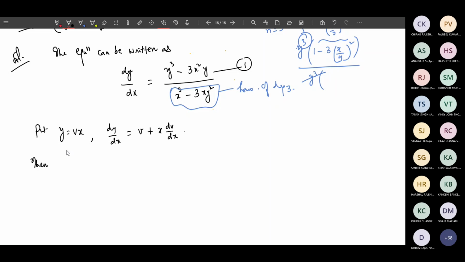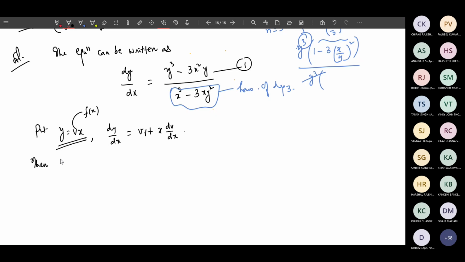Here v is a function of x, as mentioned in the previous class. You are writing the product of a function of x and x itself. This is the standard substitution if it is homogeneous. And you are taking the derivative dy by dx equal to v plus x times dv by dx, because v into the derivative of x, which is 1, plus x into the derivative of v with respect to x.